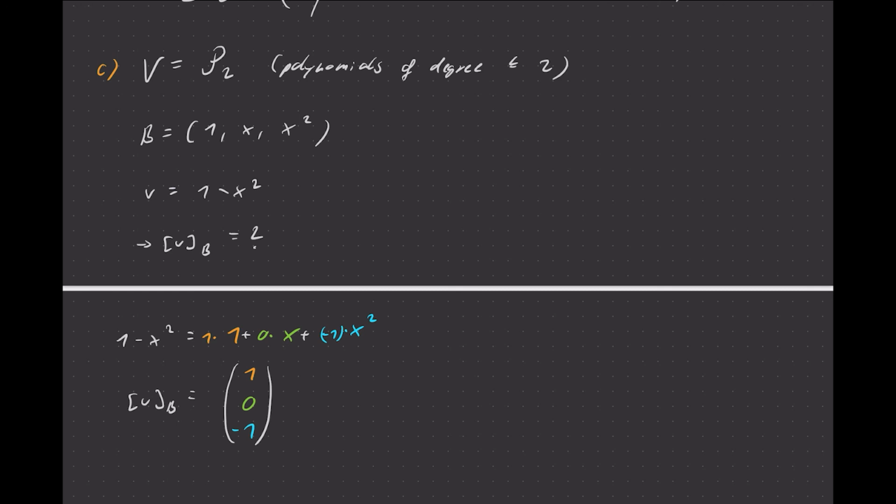And again, we could choose a different basis. Let's do that. So for example, if we choose B prime to be 1, 1 plus x, and 1 plus x squared, we can again ask for the representation of V as a coordinate vector with respect to B prime now.